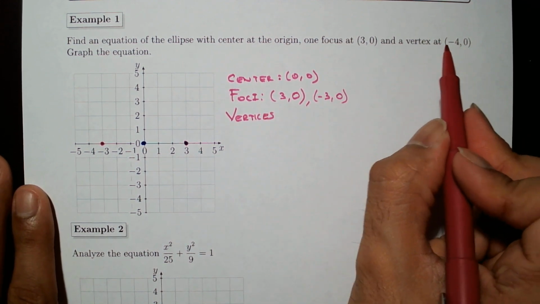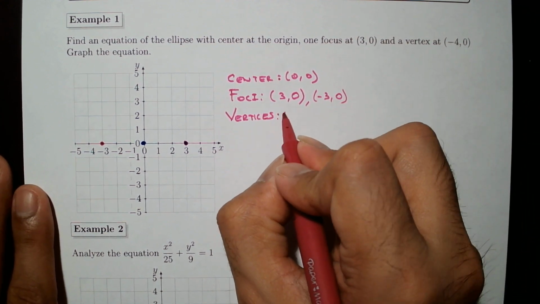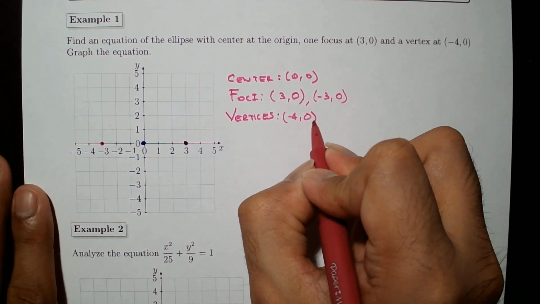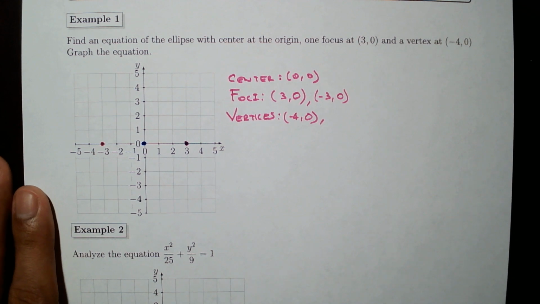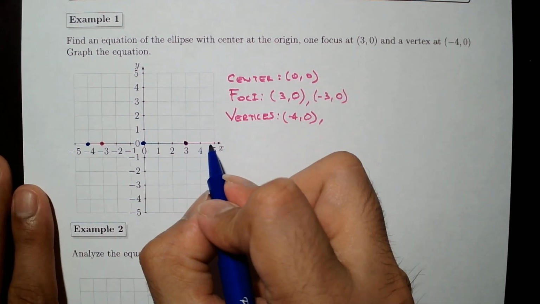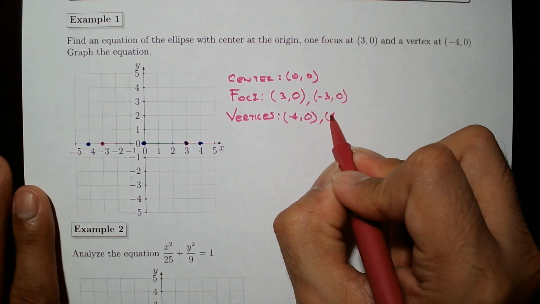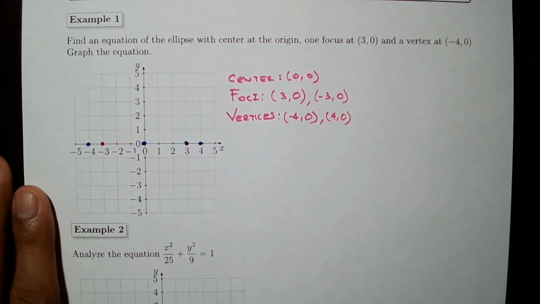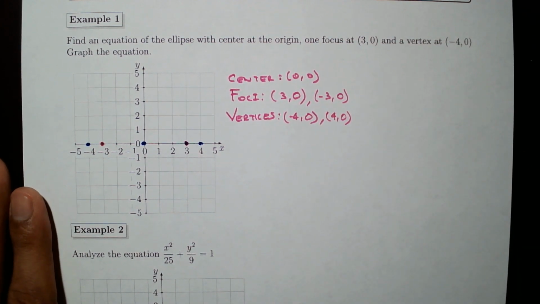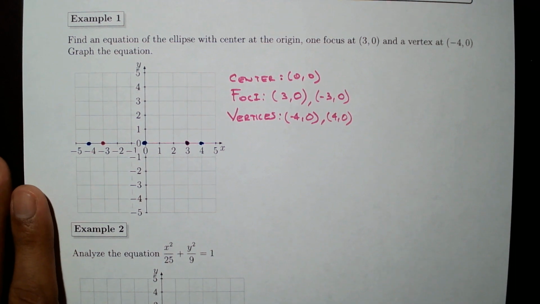Vertices. They're telling us that one of the vertices is (-4, 0). By symmetry, (4, 0) is the other vertex. Is there anything else that we need to write down?